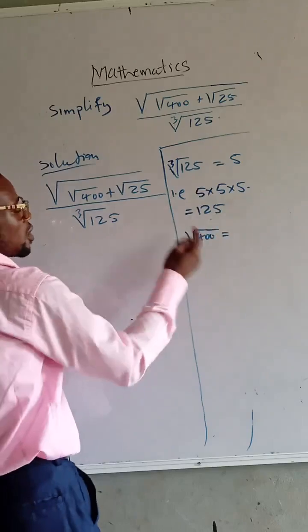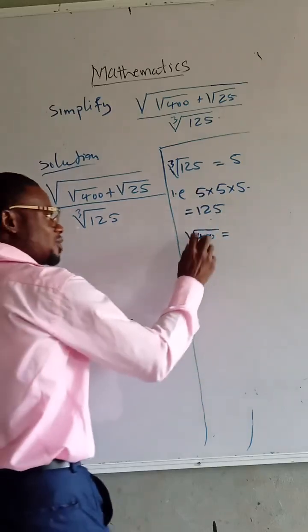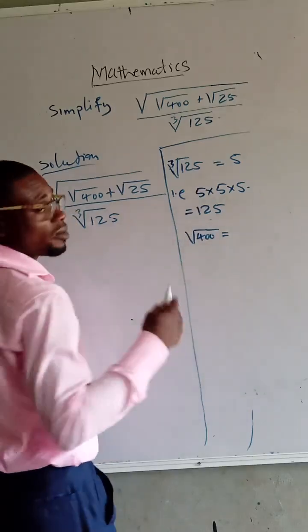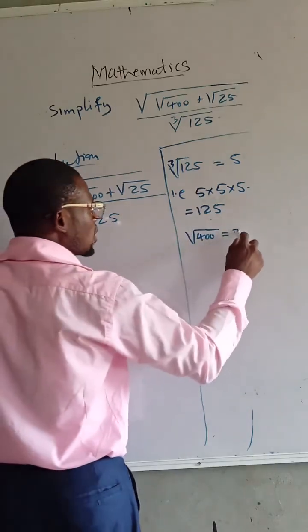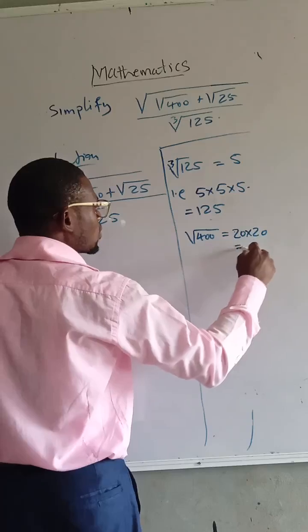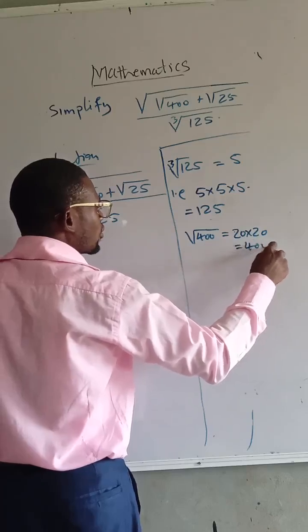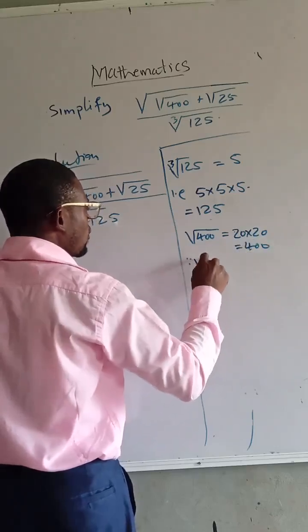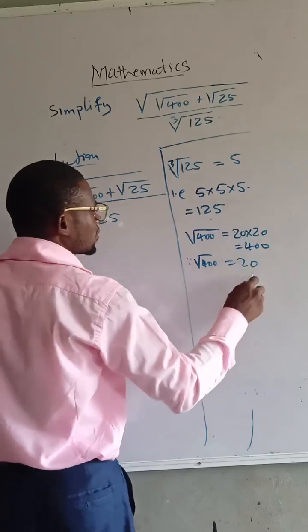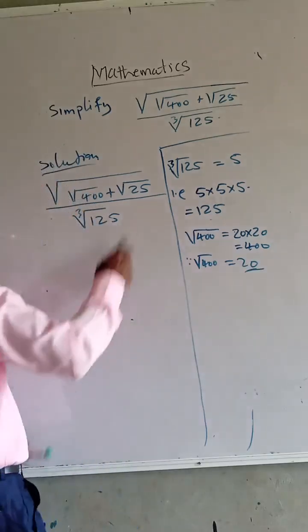So one number will multiply itself 2 times to give 400. That number is actually 20, because 20 multiplied by 20 equals 400. So therefore, square root of 400 is 20. Okay? So do the same thing.